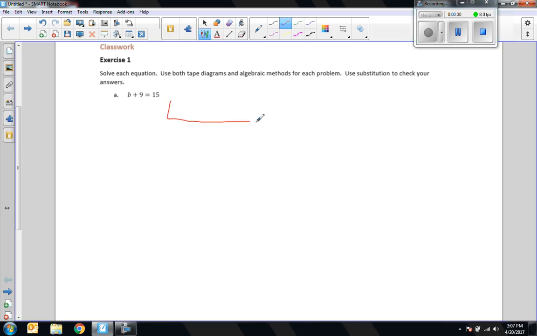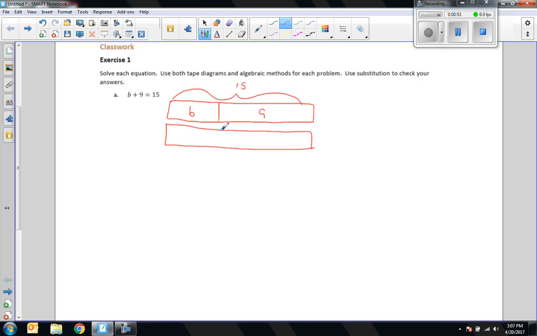If I were to do this as a tape diagram, here's my tape diagram with two pieces. I'm going to call this B, I'm going to call this 9, I know the whole thing is 15. So then I need to substitute in a value for B that will make that true.